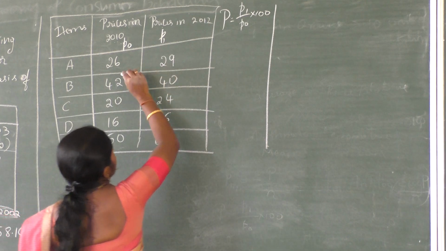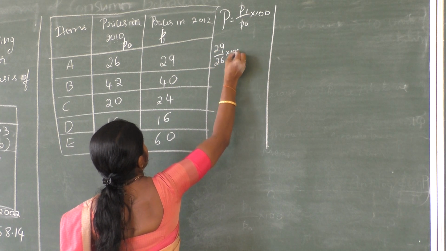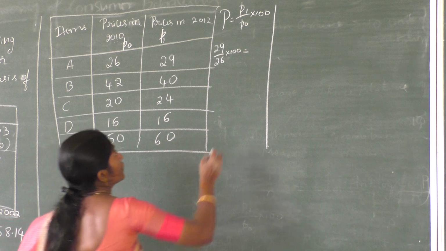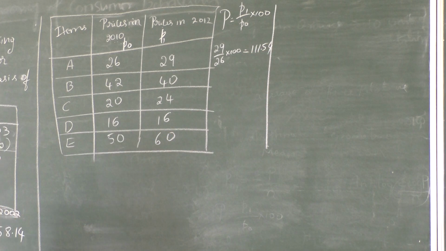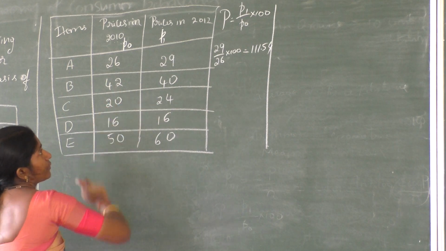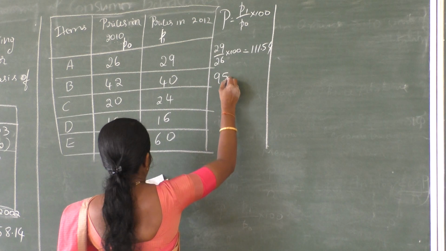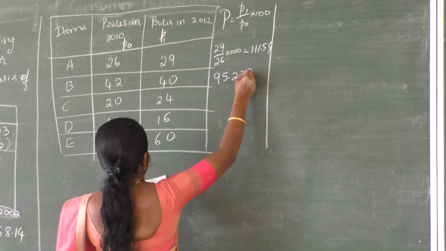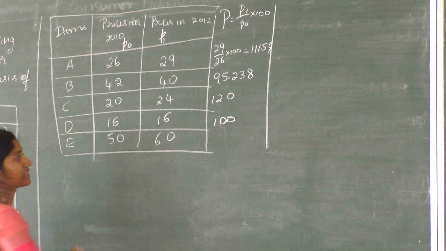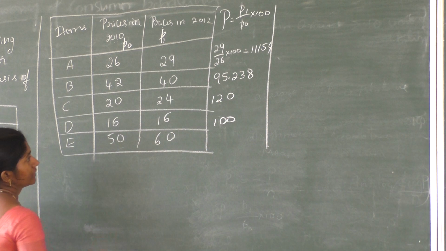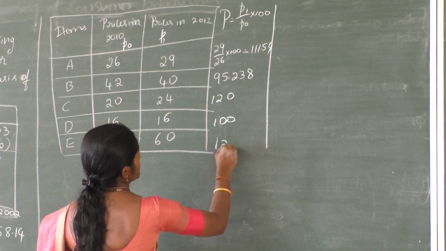Here 29 by 26 into 100, our answer is 111.54. Next 40 divided by 42 into 100, our answer is 95.238. And 16 divided by 16 into 100, that is 100. 60 divided by 50 into 100, our answer again is 120.